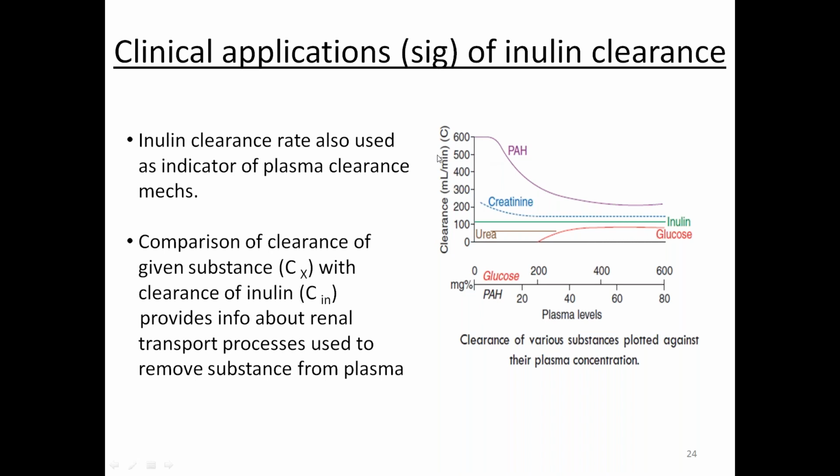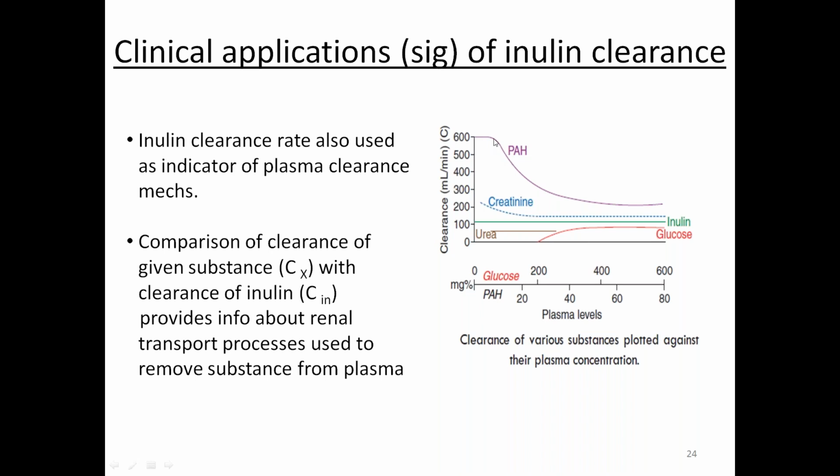What happens in case of PAH? PAH is not reabsorbed, but it is secreted basically. So it starts from a very high value, and then the concentration keeps increasing, but the carriers for PAH keep getting depleted, right?